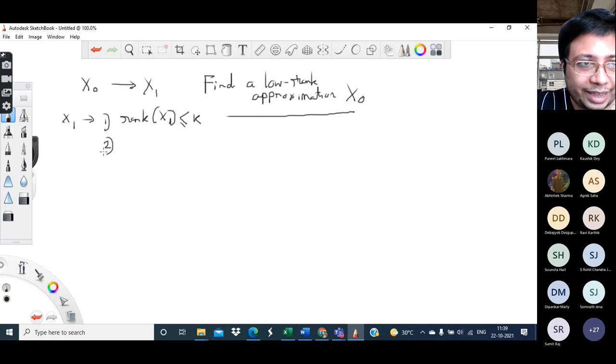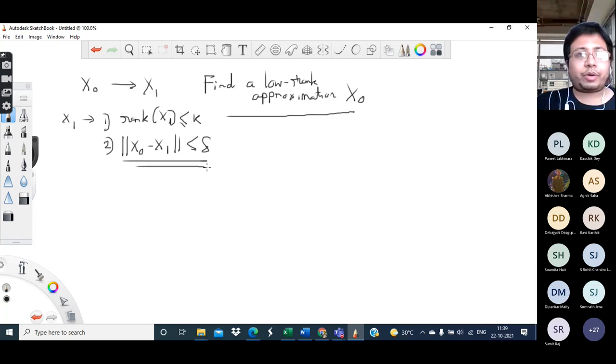And secondly, x1 should be as close to x naught as possible, that is to say, the Frobenius norm of their difference should be bounded by some value delta. Okay, so given any small k and delta, I want to find an x1 for which both these conditions are simultaneously satisfied. This is what I want to do.